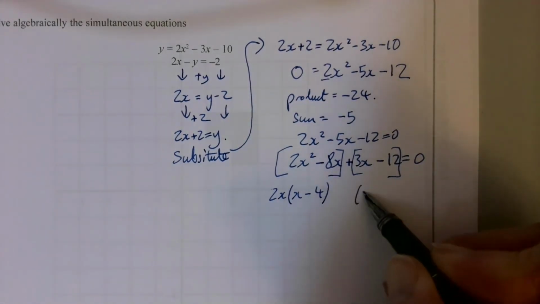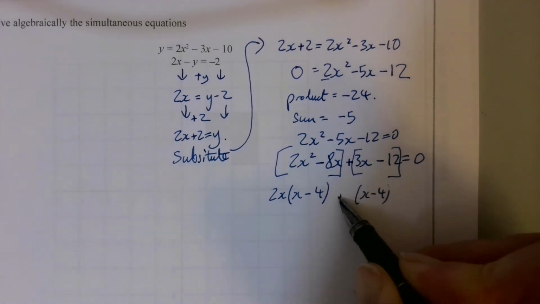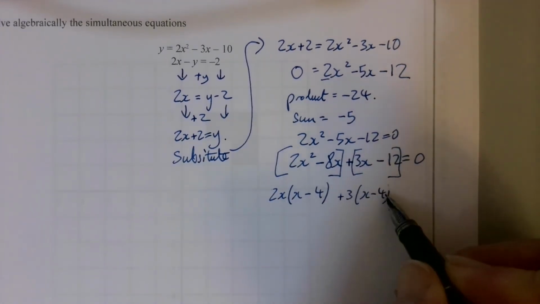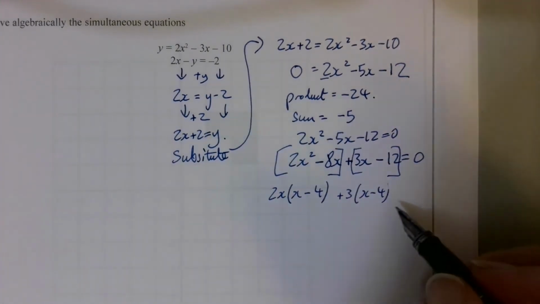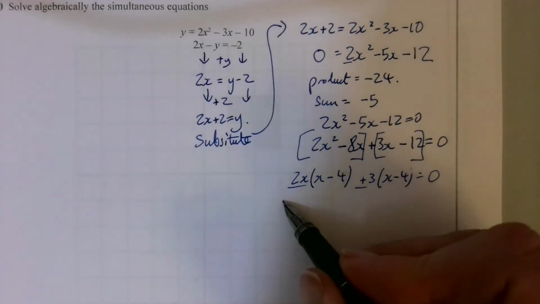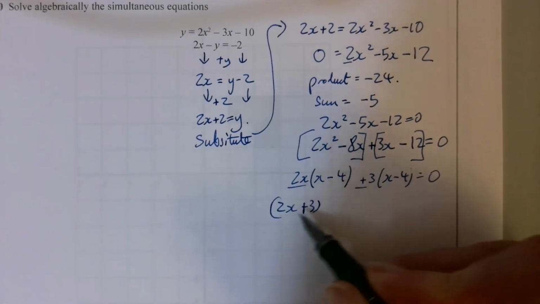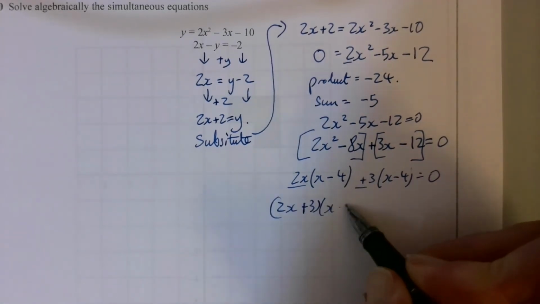This means that we'll also have x take 4 there. What do I times by? By 3 to get 3x, and by 3 to get negative 12, so that works. And that's my other bracket. So I've got 2x plus 3 and x take 4.